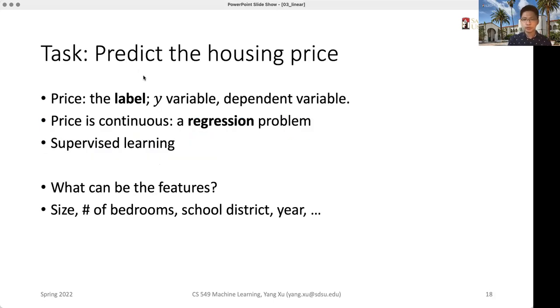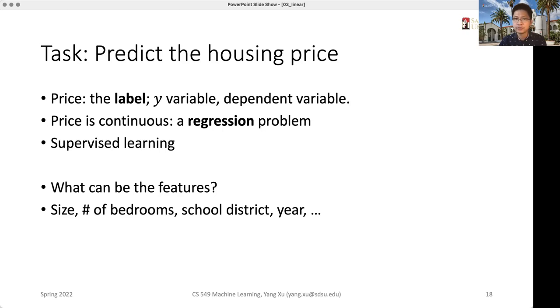All right. We will look at a different task. The task that we look at here is to predict the housing price. We know the housing price depends on various types of factors, right? But we can define the label first.